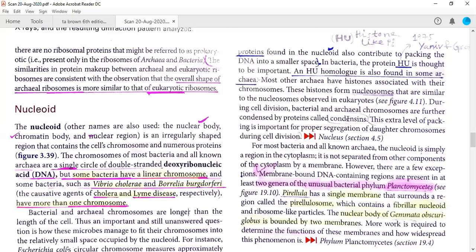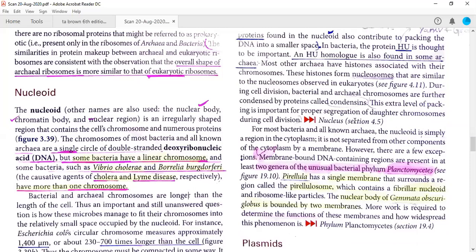There are also condensin proteins, a group of proteins present in bacteria and also in eukaryotes. These condensins help during cell division. The chromosomes are further condensed with the help of these condensin proteins.